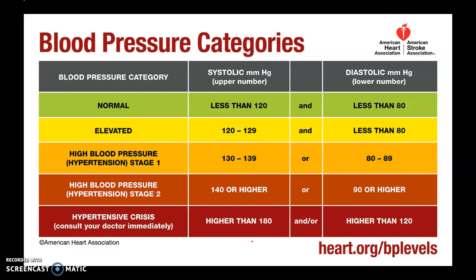You obviously need medication at this point. Hypertensive crisis is pretty serious. You need to go to the doctor immediately when the pressure is higher than 180 systolic and higher than 120 diastolic.